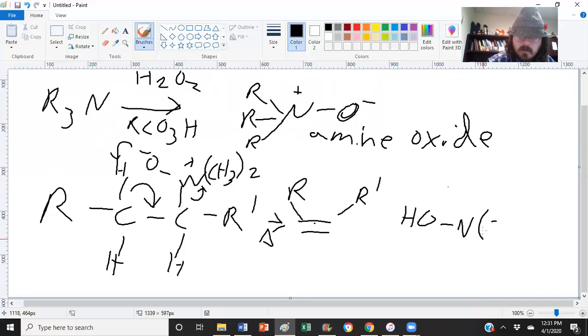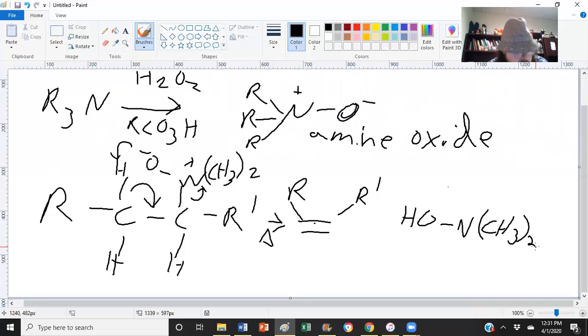Instead of having a separate hydroxide that's going to be the base, we're going to do this with an oxidized internal amine. So to form an amine oxide, that will kick itself off.